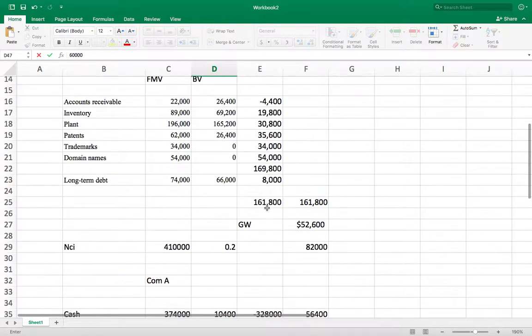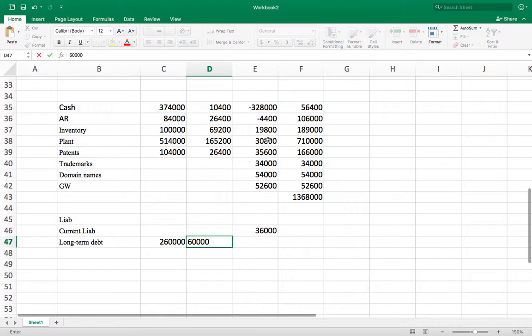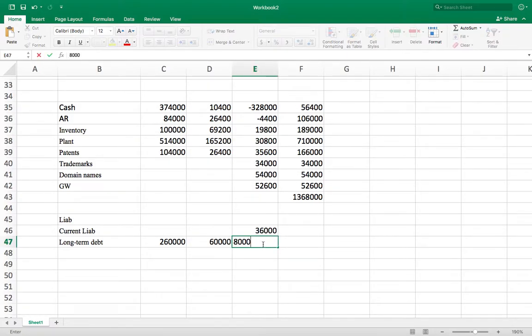And we also have to put the difference between this, that is 8,000. Let's just total this: 260,000 plus 60,000 plus 8,000, 328,000, and the current is 36,000.